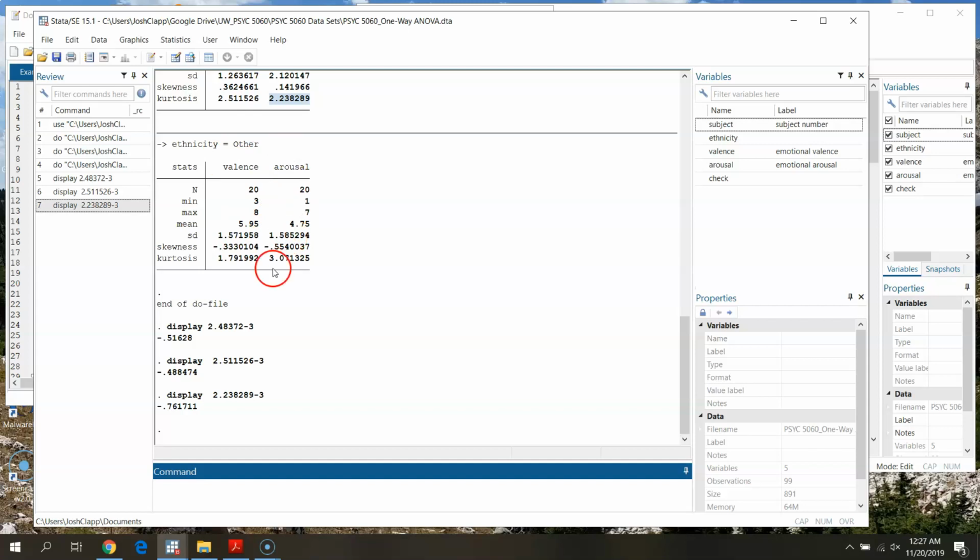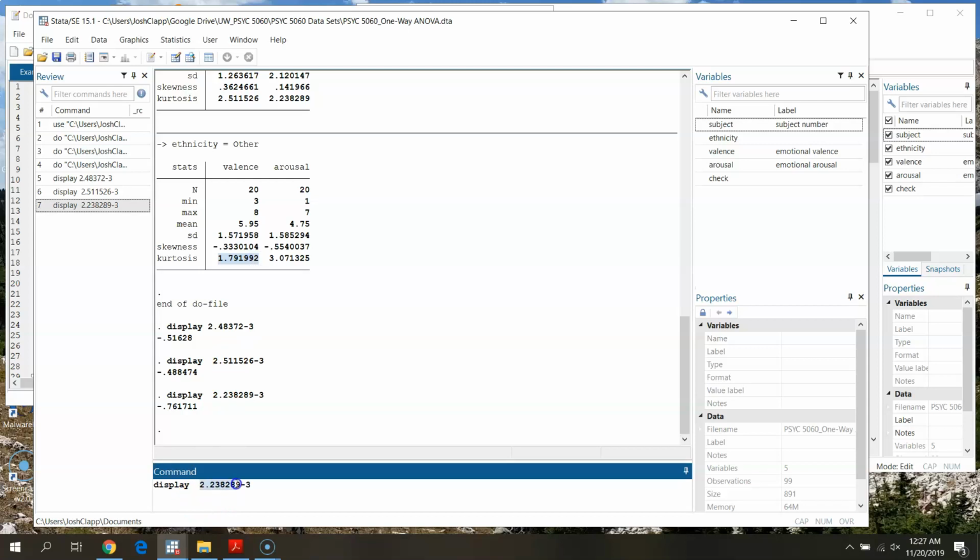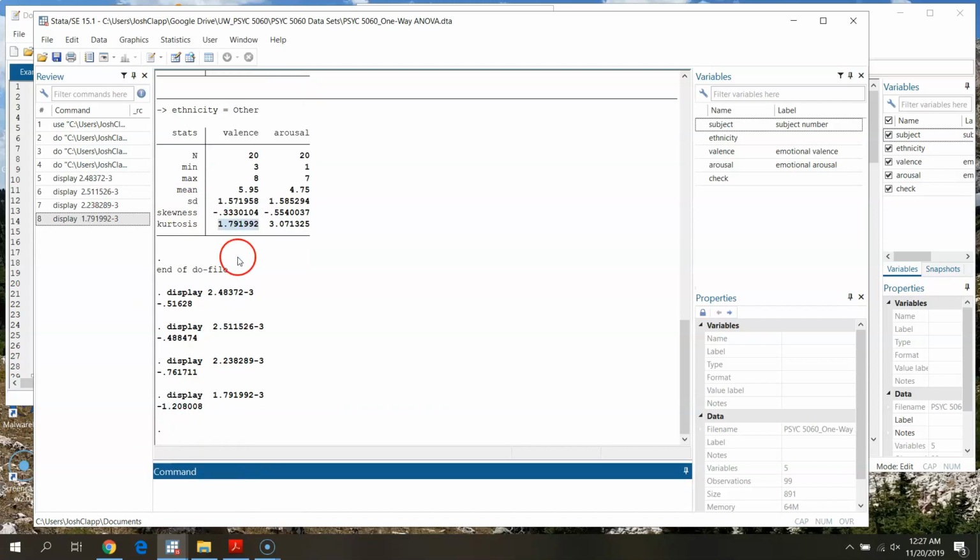And then finally, our heterogeneous other sample, smaller number of individuals here, but everything looks to be within bounds. Skew looks okay and acceptable for these means-based analyses. Kurtosis also looks like it's not too bad. If I want to calculate specifics, go through, highlight that, and then just display my kurtosis value minus 3. So we've got kurtosis value of negative 1.2, suggesting kind of a boxy distribution here.